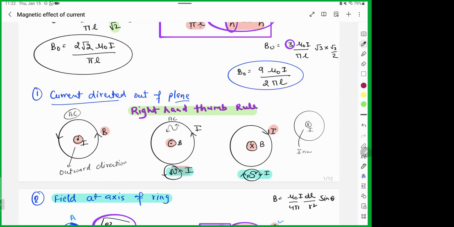What will be the direction of magnetic field? Barinder, clockwise. Observe, your right hand thumb is going away from your eyes, and your fingers are showing the magnetic field. Clockwise.